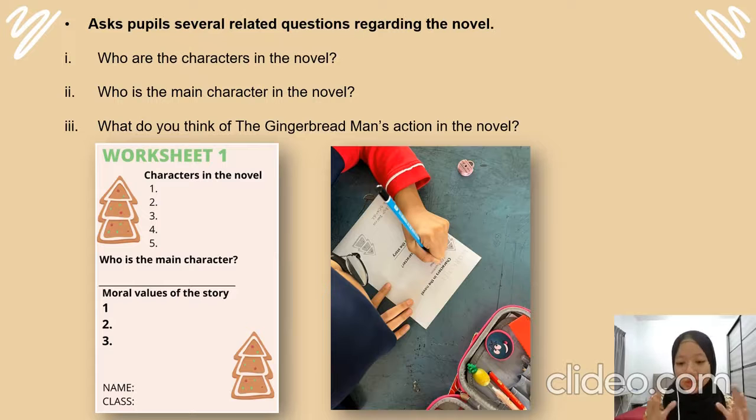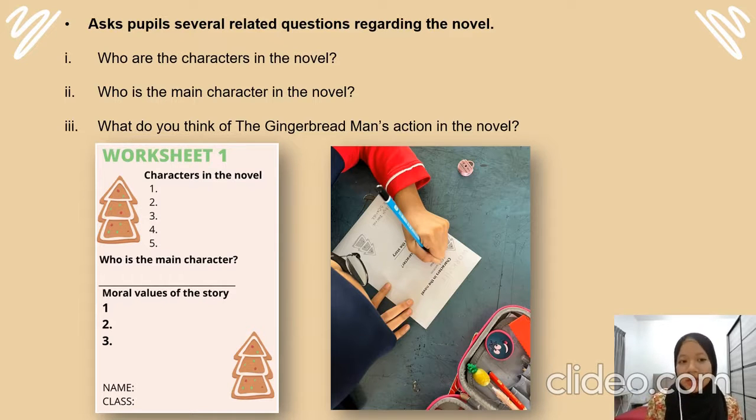I've always told them the main character is someone who leads the story, who controls the story. So they straight away give me the answer: the gingerbread man. For the first and second questions, I provide a worksheet for them to write the characters based on the novel and also the main character.